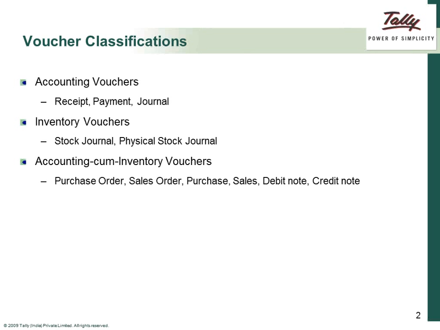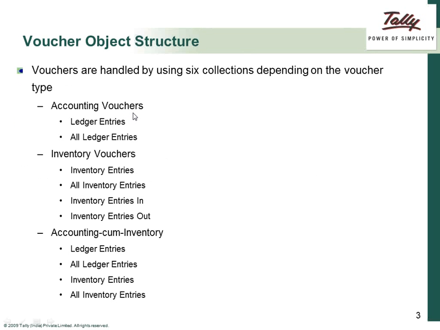Then we have accounting cum inventory vouchers, which involve your party or your other ledgers as well as your inventories, which could be your sales orders, purchase orders, sales, purchases, debit note, credit note, all of those. Based on the object structures we have segregated their collections. Accounting vouchers will have ledger entries and all ledger entries.